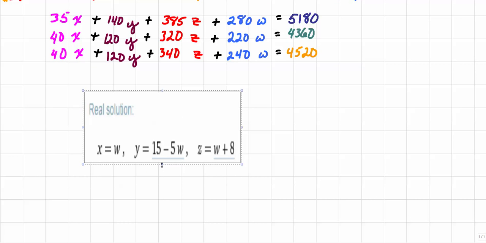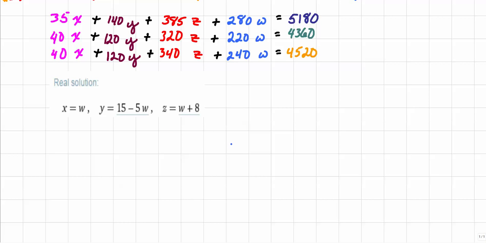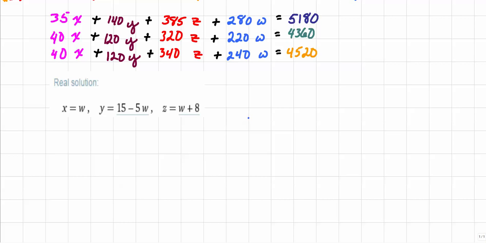You'll notice that x is equal to w here, which means that no matter what I do, x and w will be the exact same number. When you're looking at the particular problem that you're working on, there's going to be parts of it like this. This will be the first part that you're going to do.